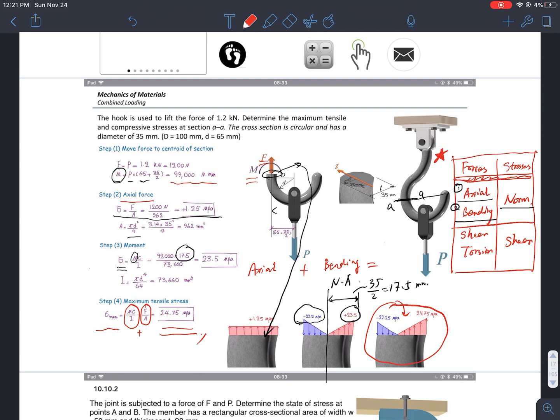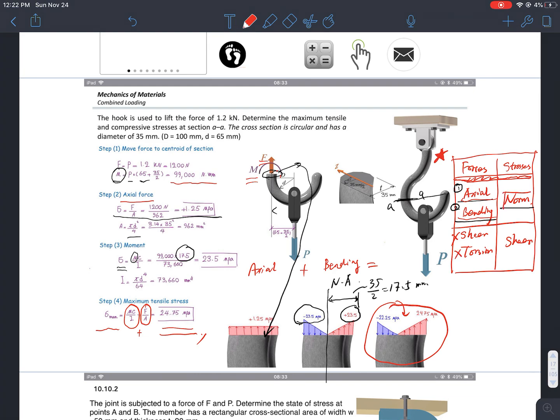But we would like to establish a procedure to solve this type of problem, the combined stress problem. How do we do it? We first identify what type of forces are exerted on the cross section here. To do that, we have this tiny table here. We find out that we have axial force and bending moment. We don't have shear force. We don't have torsion.